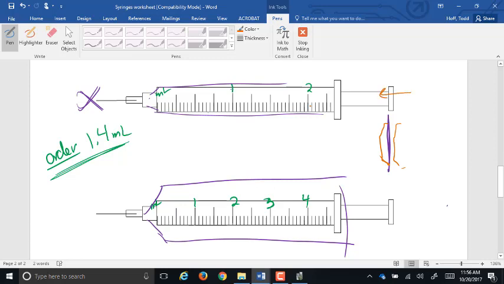The smaller one, the narrower one. In the wider one, volume is related to a surface area times a distance. Assuming that you're off by the same distance in either syringe, the one with the bigger area, the plunger, is going to be a larger volume for that distance. Does that make sense?